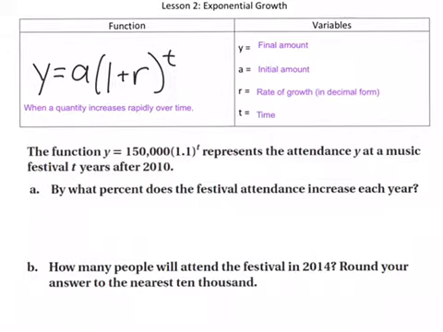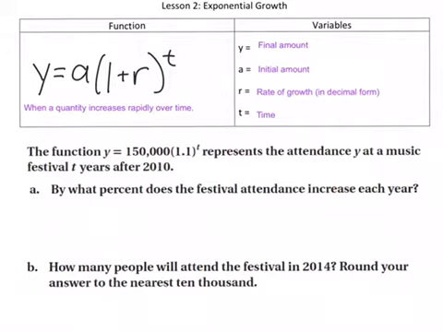Now we have this first example, and it says the function y equals 150,000 times 1.1 to the t represents the attendance at a music festival t years after 2010. It asks, by what percent does the festival attendance increase each year?